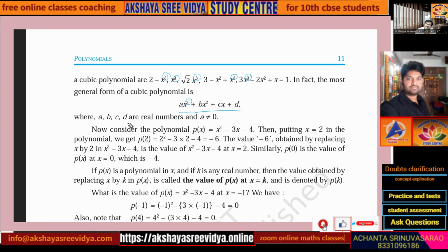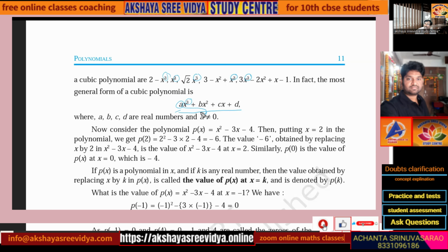Here a, b, c, d are real numbers, but clearly a is not equal to 0. For suppose a is equal to 0, that means 0 into x cube plus bx square plus cx plus d.